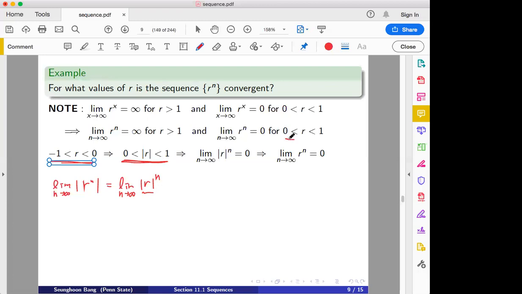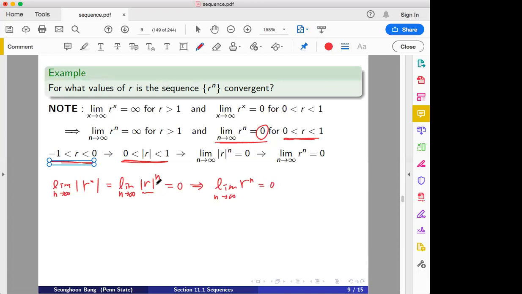We have this result, it is going to 0. So we use the previous theorem: the limit without the absolute value sign is also 0. This is one idea.